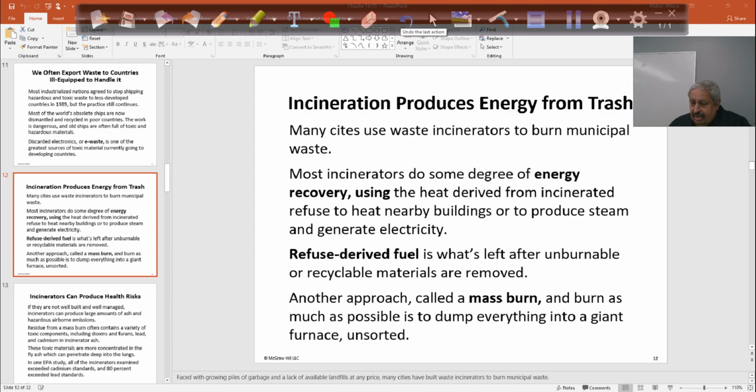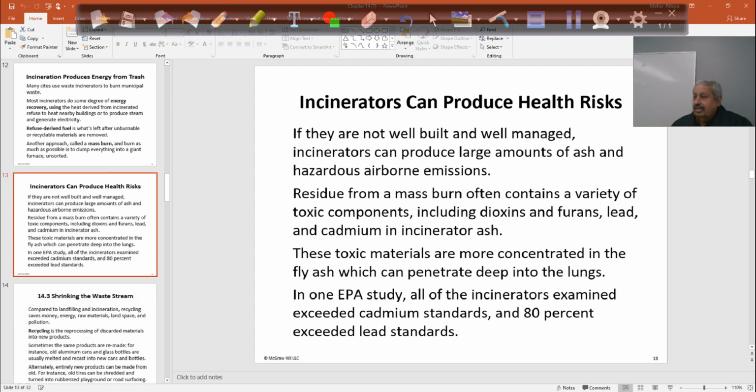Another approach is called mass burn, to burn as much as possible by dumping everything into a giant furnace unsorted. Well, that is used, but as I said, in the future something has to change, because we have to get out of this combustion, out of this waste burning. Incinerators can produce health risks, yes. If they are not well built and well managed, an incinerator can produce a large amount of ash.